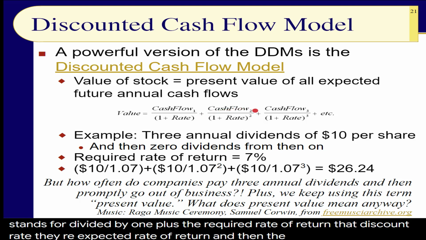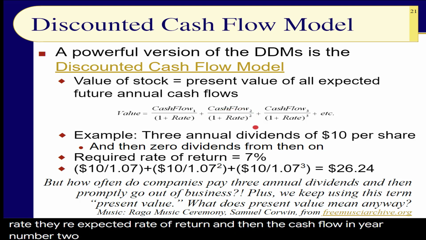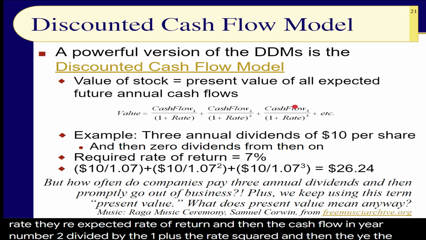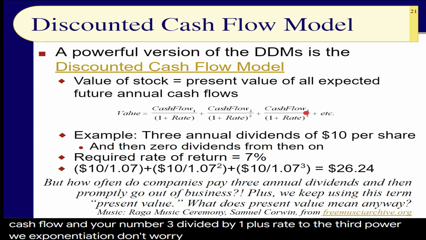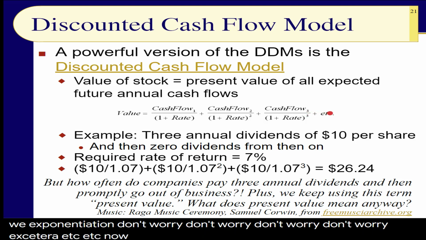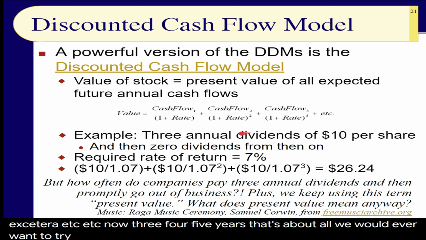And then the cash flow in year number 2 divided by 1 plus the rate squared. And then the cash flow in year number 3 divided by 1 plus rate to the third power. Ooh, exponentiation. Don't worry. Etc., etc. Now, 3, 4, 5 years, that's about all we would ever want to try to predict.